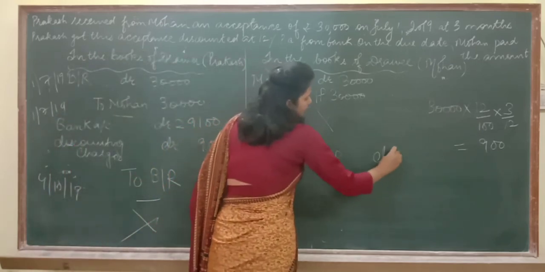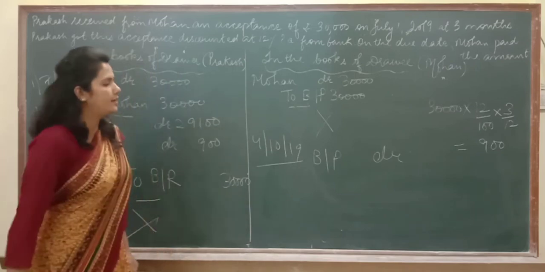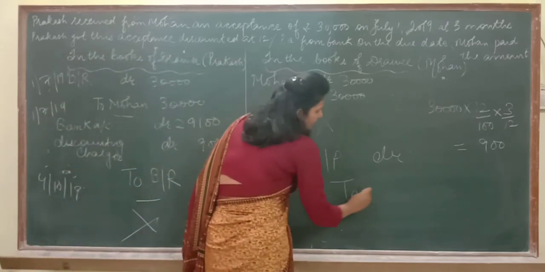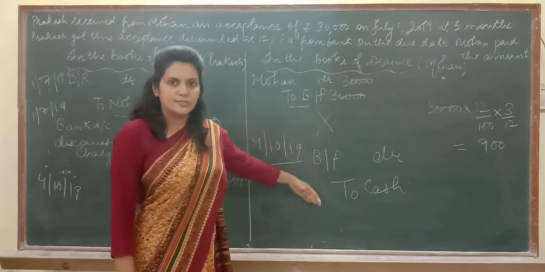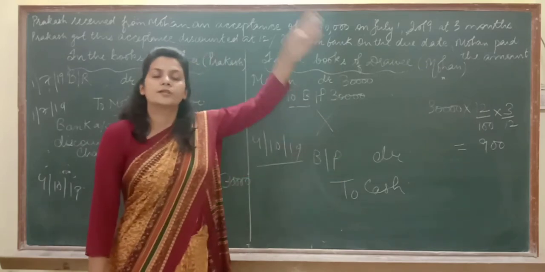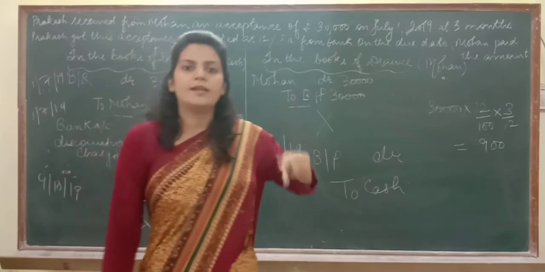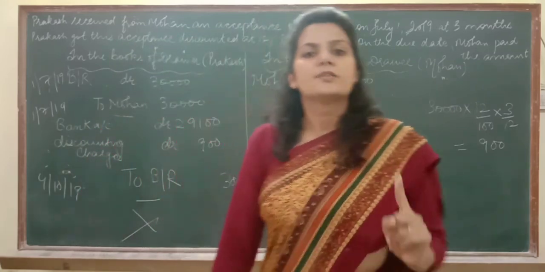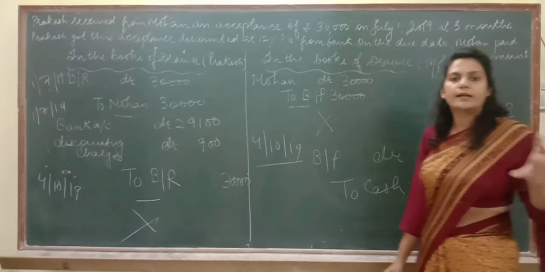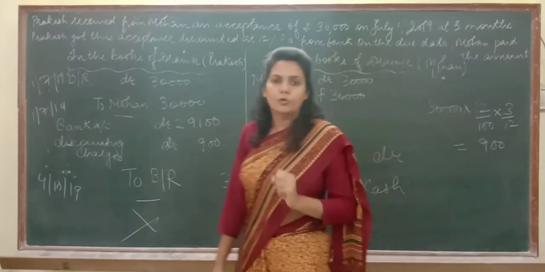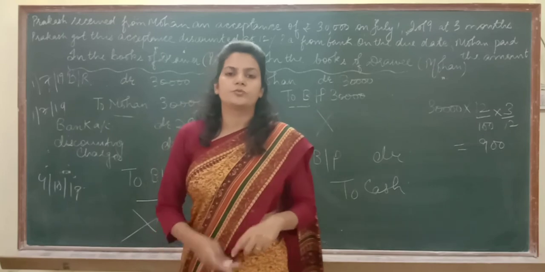So bills payable will be debited, and now to cash, because cash has gone out of his business and he has given the cash to the one who is having the bill, and the bill is with the bank. So I have not passed any entry in the books of the drawer, and we don't have to make the accounts of the bank. So I hope the first two cases are clear to you. Thank you.